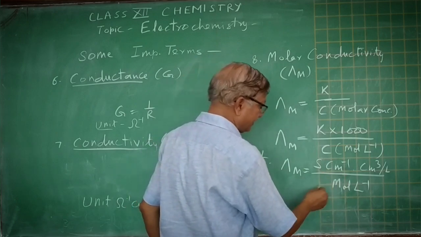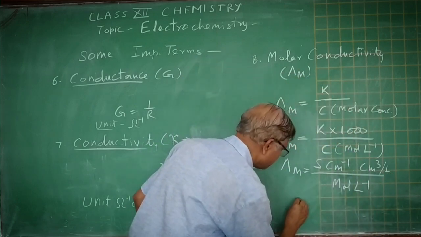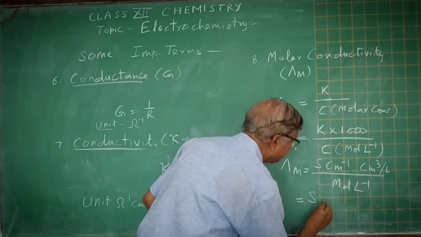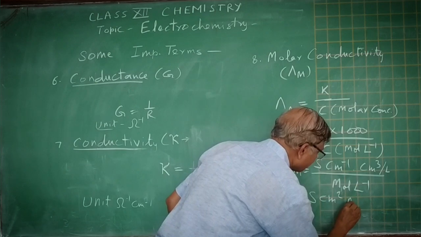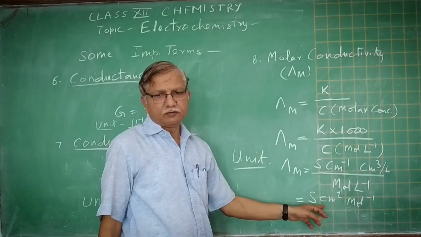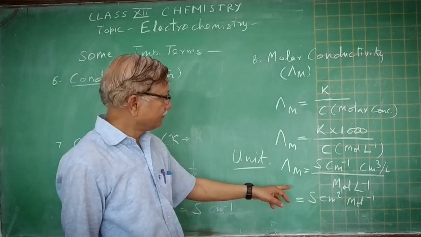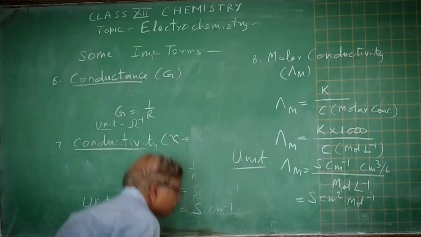So from this we can get the value: Siemens centimeter square per mole. This is the unit of molar conductivity, Siemens centimeter square per mole.